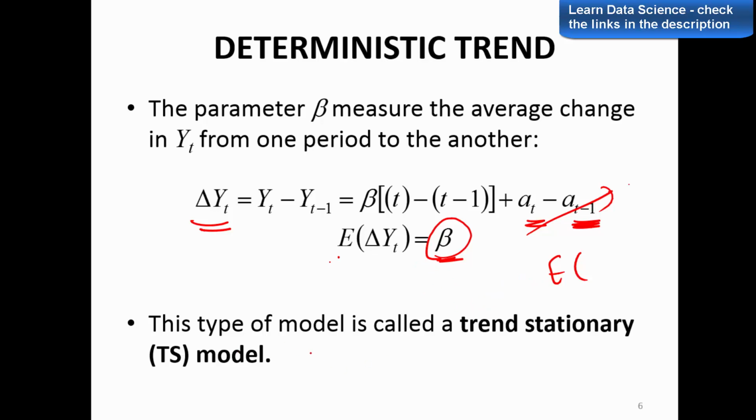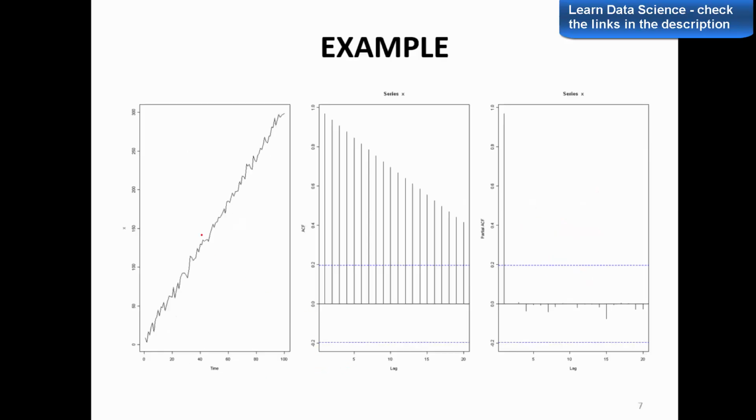That's the reason why this type of model is known as a trend stationary time series model. That means it's non-stationary but with trend. So if you handle the trend, you can very well forecast the series without any issue. Here is an example. We have simulated some data, and you can see it is increasing over time with slight variation, and this variation is only because of the error term at.